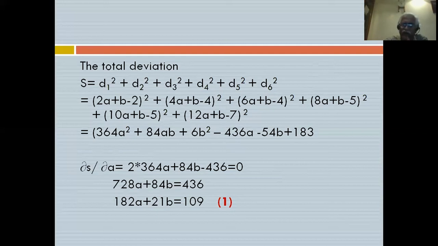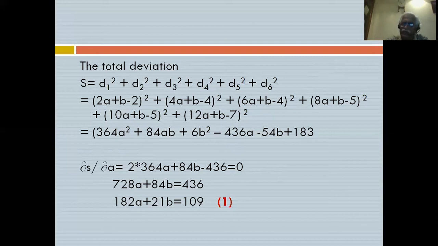Only a will be there, no b will be touched, only a is working here. As per the differentiation, the derivative of a square is 2a, multiplied with the 364. And here 84ab, so now a is 0.